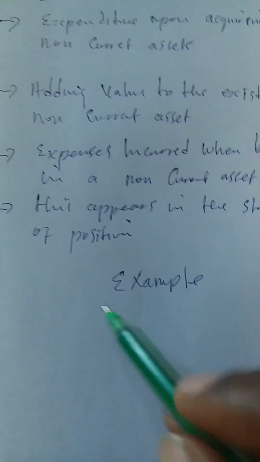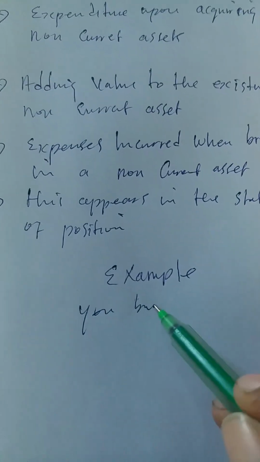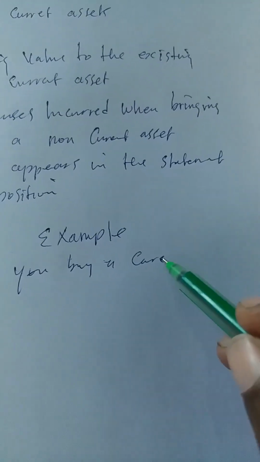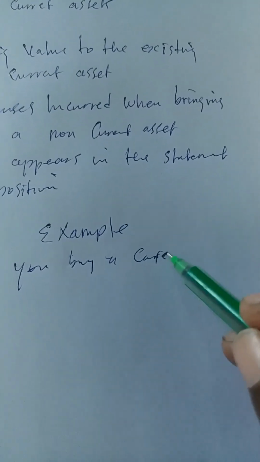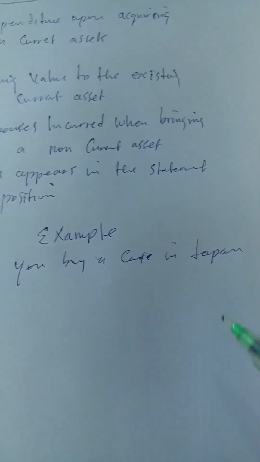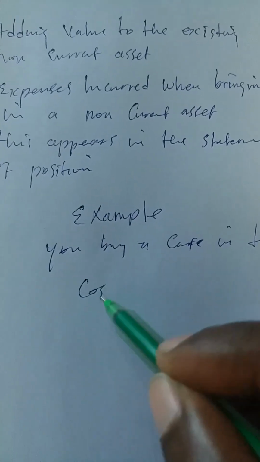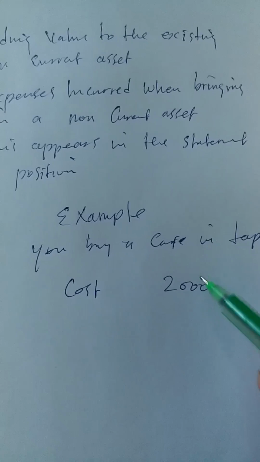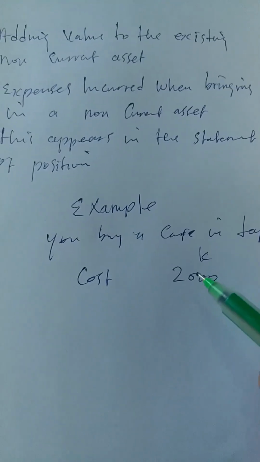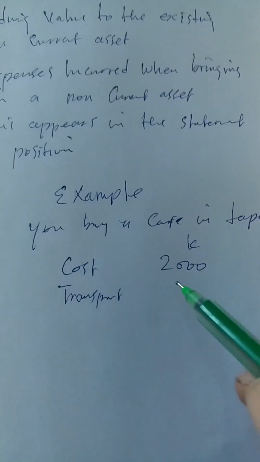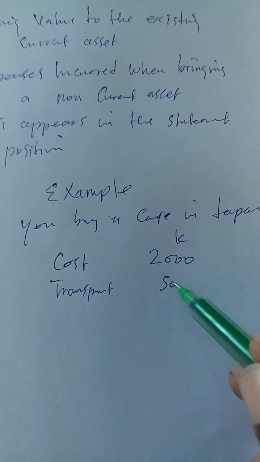If you buy a car in, let's say, Japan, you're going to have a cost of the car, which is 2,000 kwacha, and then you also have incurred transport, which is going to be 500 kwacha.